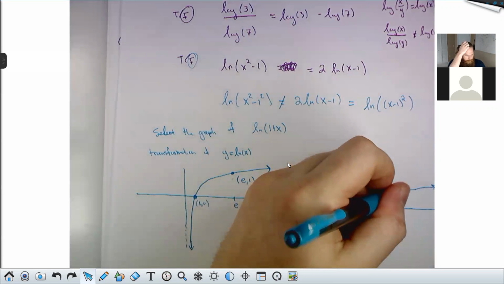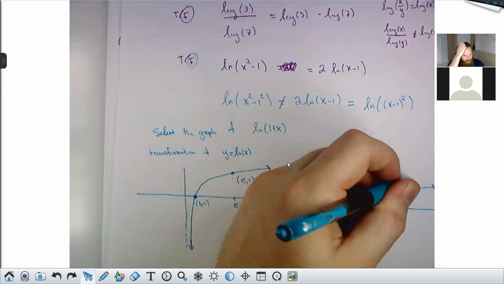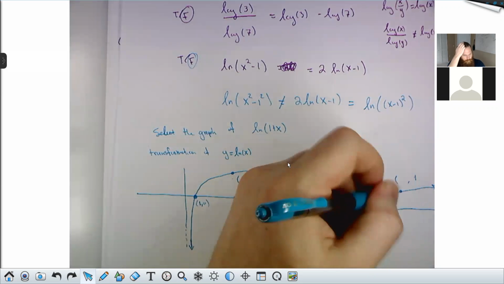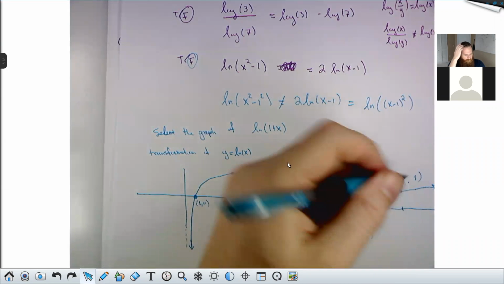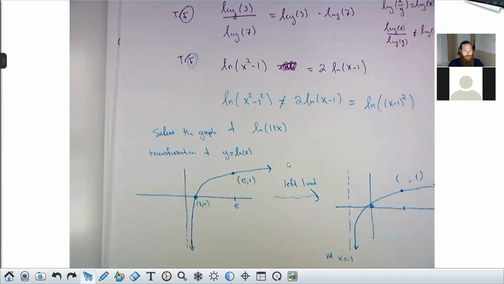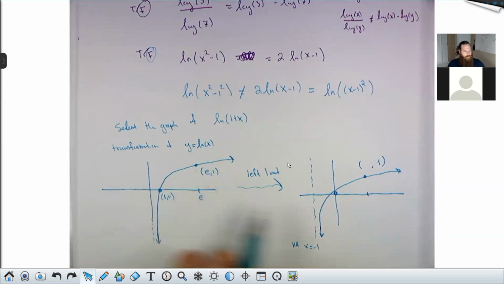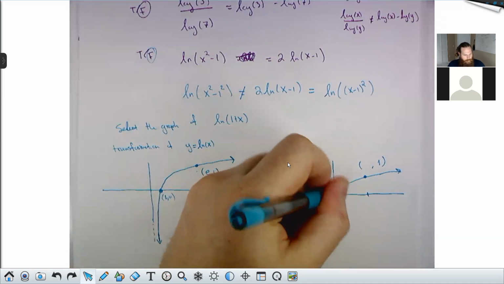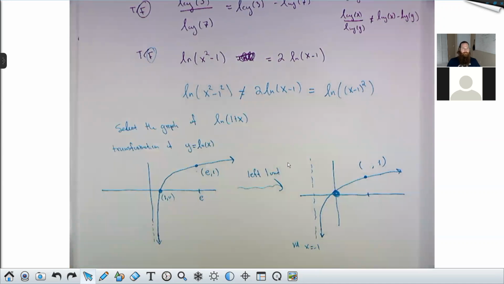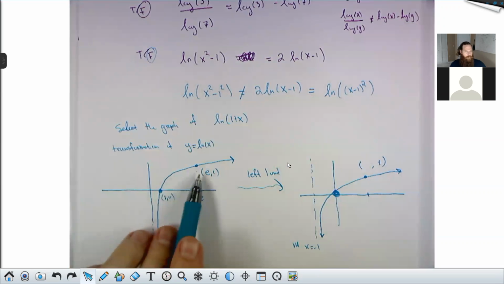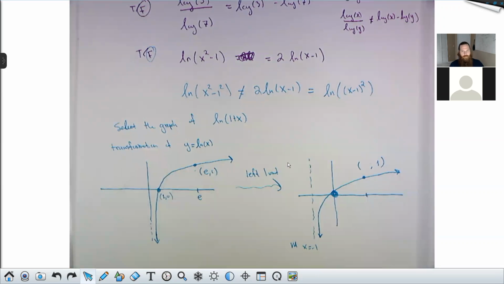If I tell you this point has y value 1, what is the x value? In other words, where does this point get moved to when I shift everything to the left 1 unit? Just moves one left, right? Yep. So I'm just moving this point 1 unit to the left. So what's the new x value?